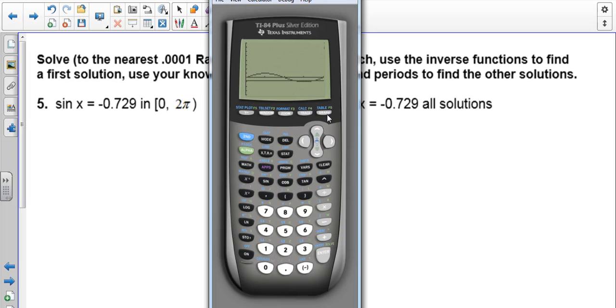Your window, you can do a zoom trig and then reset it to 0 to 2 pi. Most of the time it sets the y values negative 4 to 4. As long as I only have 0 to 2 pi, I only see how many solutions? 2. It's pretty hard to see if you're not doing it on your own calculator.